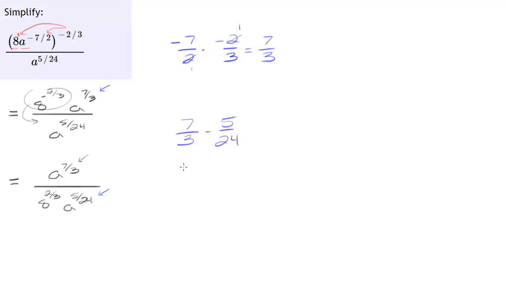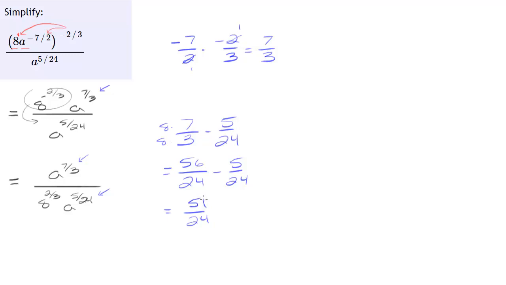I need a common denominator now that I'm subtracting, so I'm going to use the common denominator of 24ths. And with this 7, I need to multiply the top and the bottom here by 8. So I'll get 56/24 minus the 5/24 here, getting 51/24, and I need to reduce that.